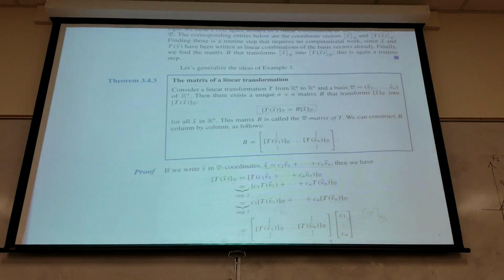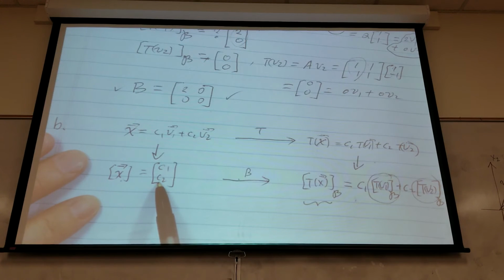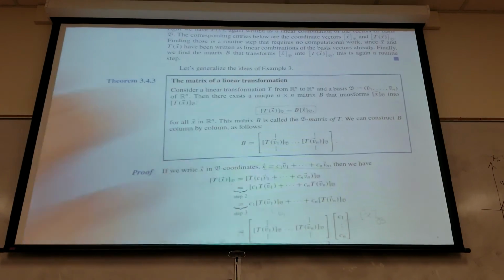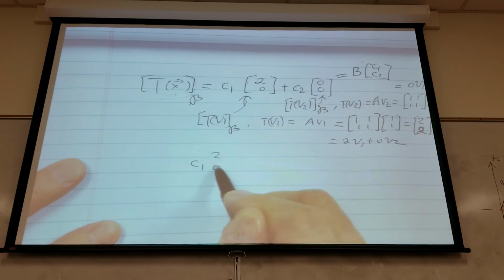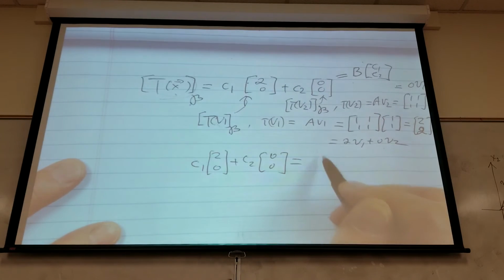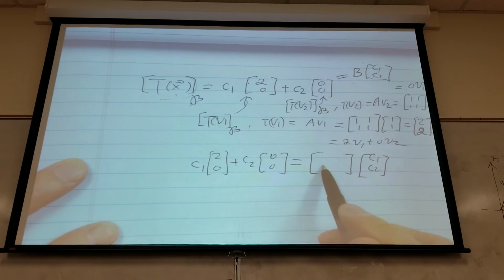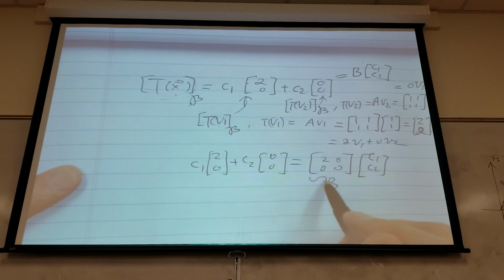Remember, that's the diagram. On this side, we have C1, C2. B times, so should be whatever we get, right? What do we get? C1 times 2, 0 plus C2 times 0, 0. You need to write this as a matrix times C1, C2. What is this matrix? 2, 0, 0, 0. So that is B. So we find B.